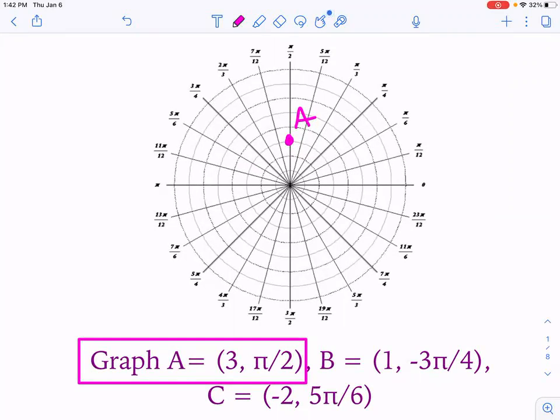I know it says 3 and then pi over 2, but I think it's easier to rotate to the angle and then move out.